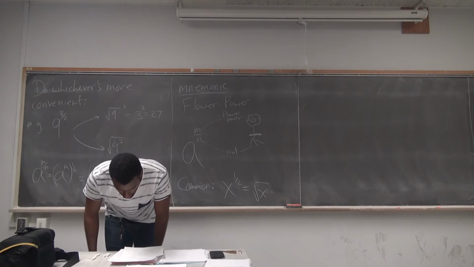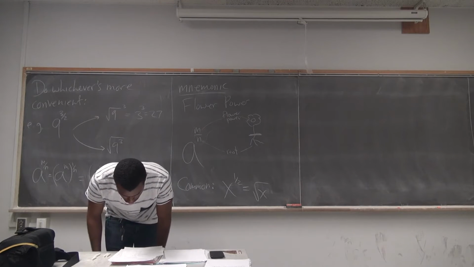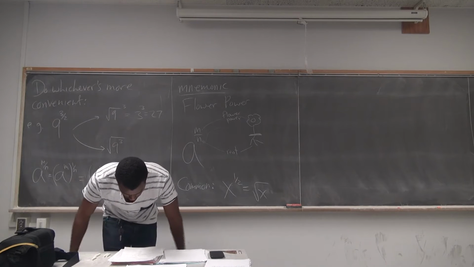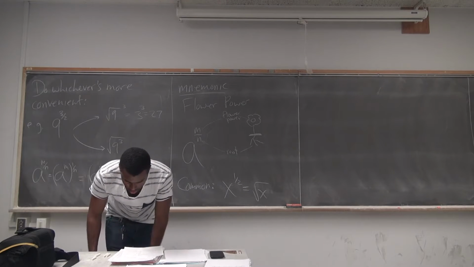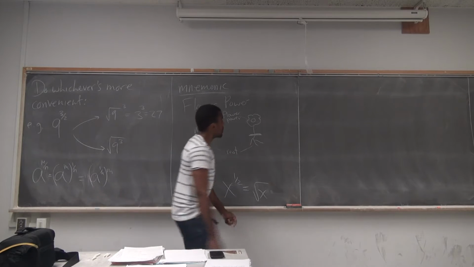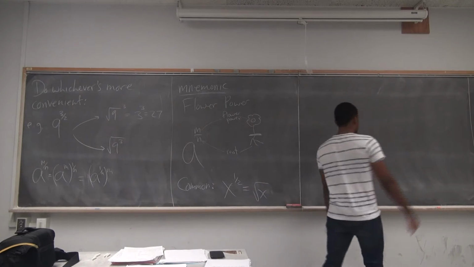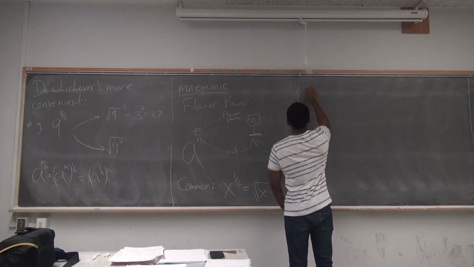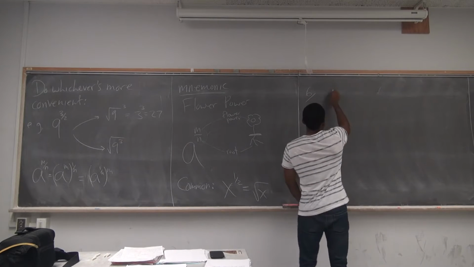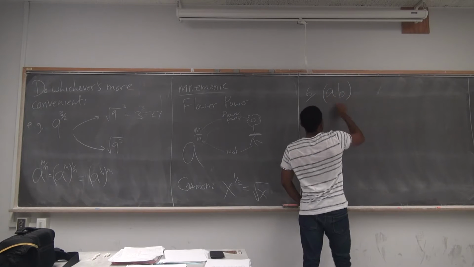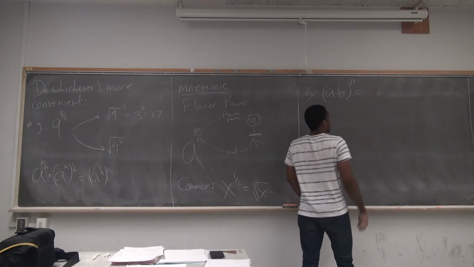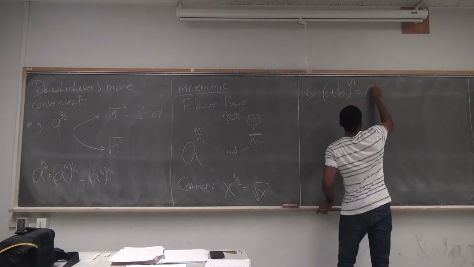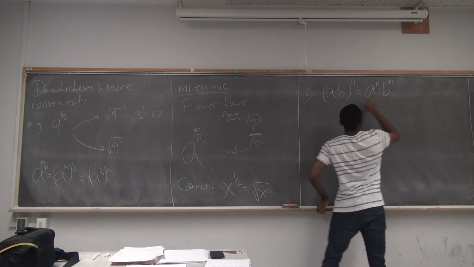What else do I want to tell you? A couple of other rules I can remind you of, for multiplication and division. How many rules did I say already? 5? So rule 6: I have two things multiplying and I raise that to a power. What happens? Powers distribute across products. They don't distribute across sums.